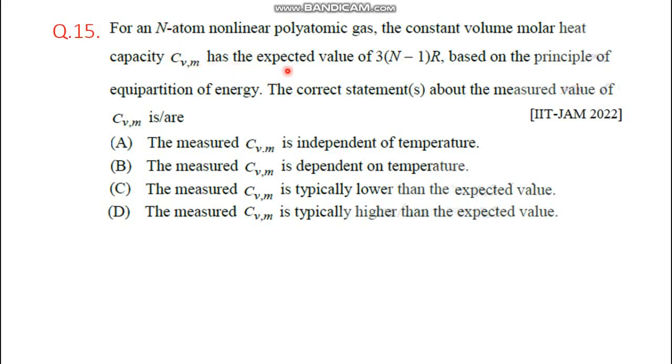It has the expected value of 3 into N minus 1 R, and we know that this is based on the principle of equipartition of energy. And what about the correct statements? That means there may be any one statement or more than one statement also. This is an MSQ type of question, multiple select question.